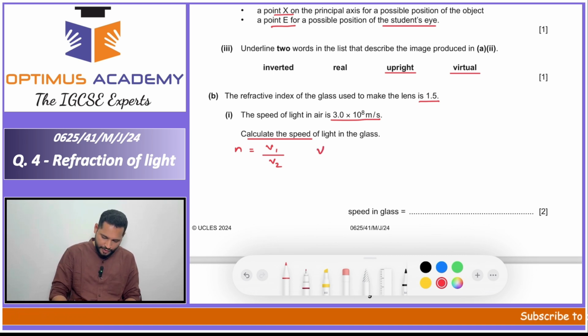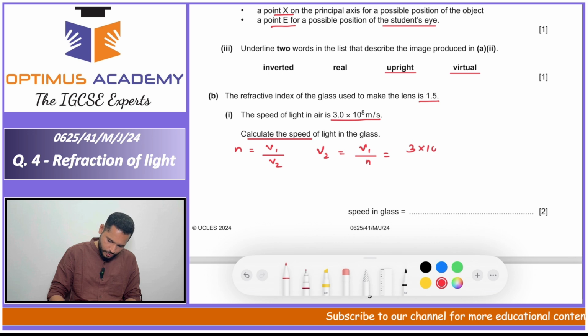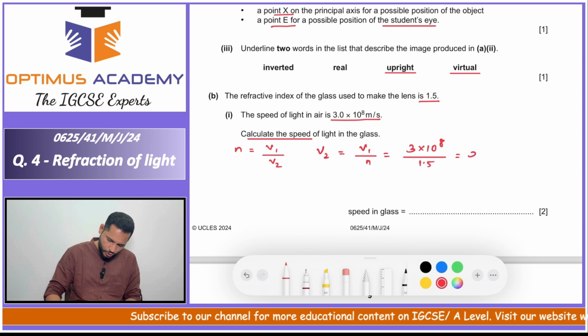So if I have to find the value for v2, it will be v1 divided by n, that is 3 into 10 raised to 8 divided by 1.5. The answer would be 2 into 10 raised to 8 meter per second.